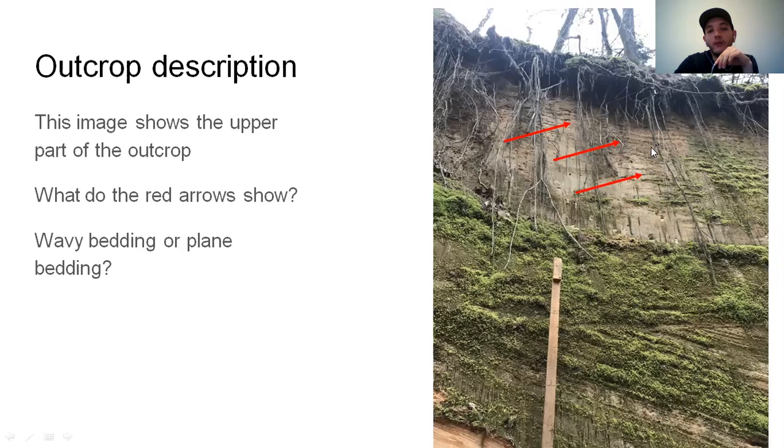Would you consider these as wavy bedding or planar bedding? In the lab worksheet, you will have more pictures of this bed, and you would be able to define what these things are. Just look at the red arrows.